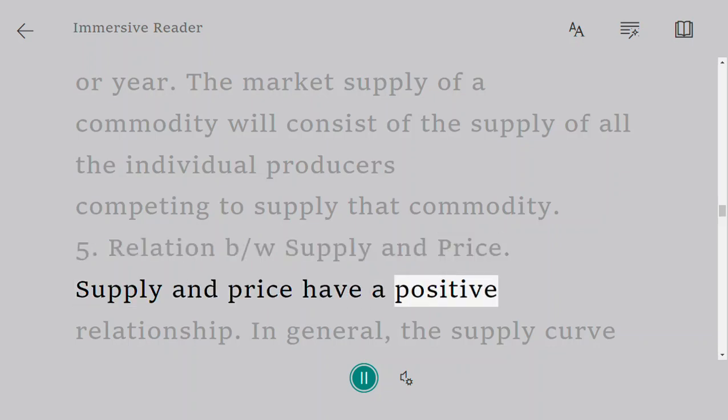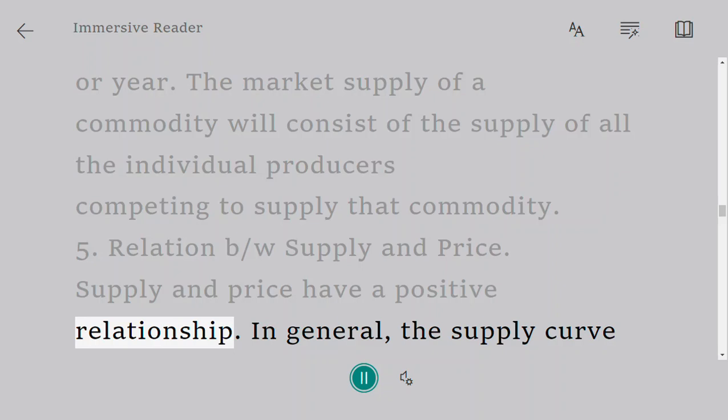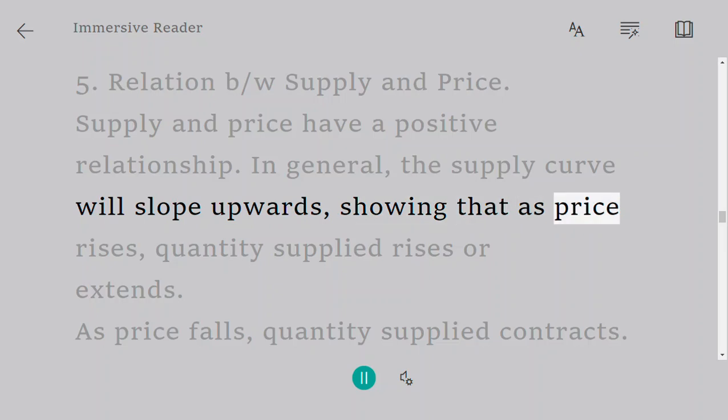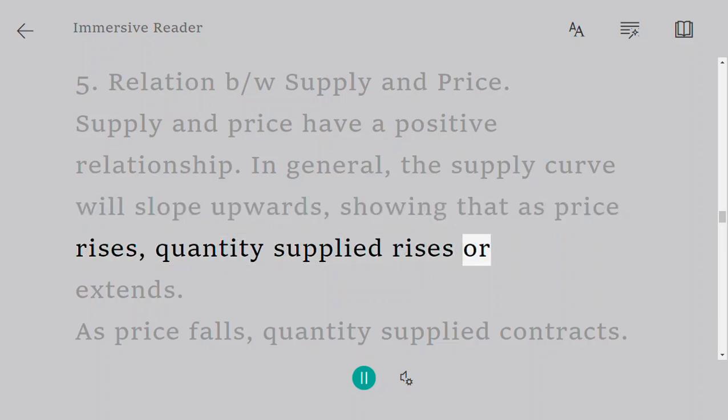5. Relation between supply and price. Supply and price have a positive relationship. In general, the supply curve will slope upwards, showing that as price rises, quantity supplied rises or extends.